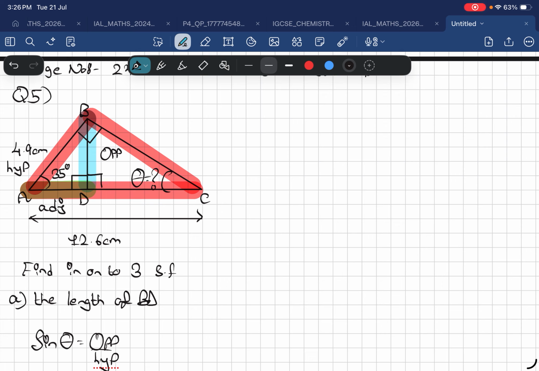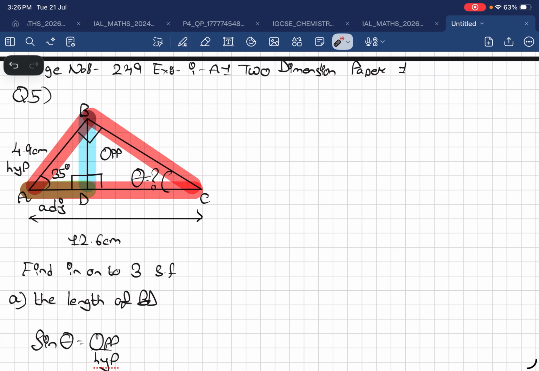Right. Let's apply Pythagoras theorem. You can also apply Pythagoras theorem because you guys already know the hypotenuse, the opposite, this is adjacent. You can also consider these individually.